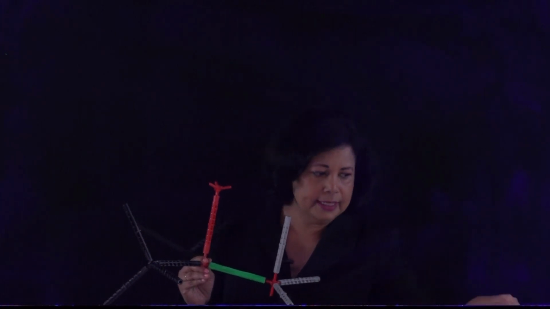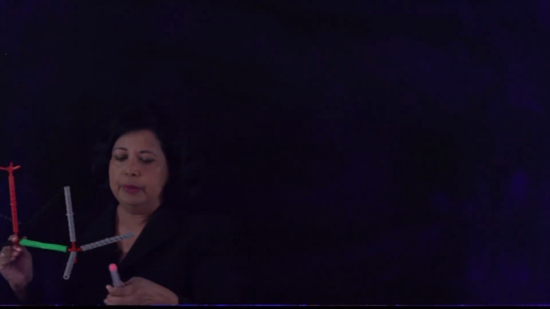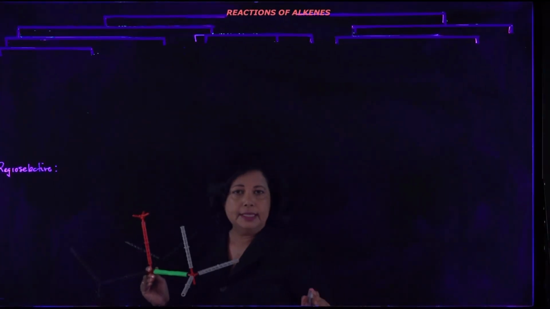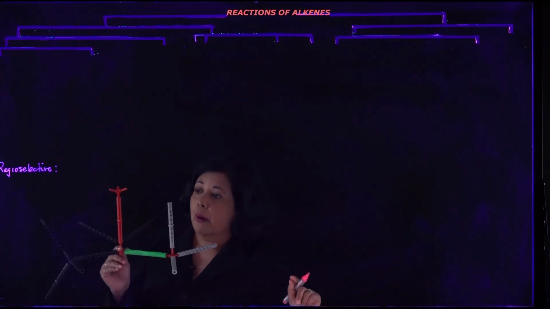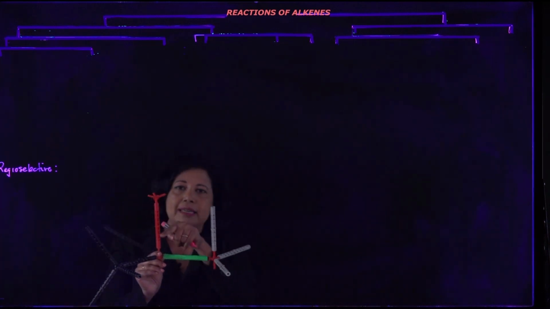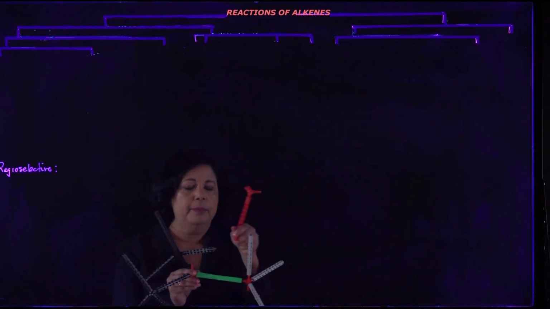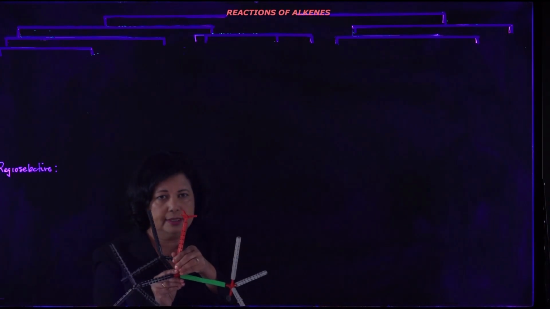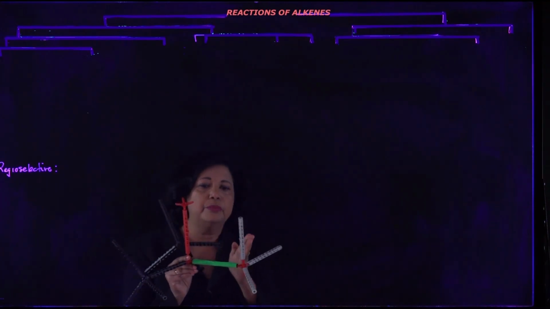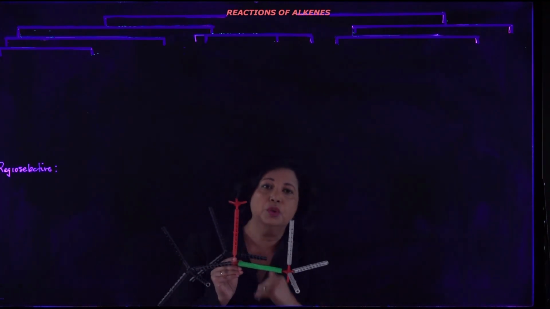regioselectivity. Okay, so I'm going to write that down because these are very important terms. Regioselective. What does it mean? It means bonds tend to form in a certain region of the molecule compared to other regions. So there is a preference for it to be like this and not switched.